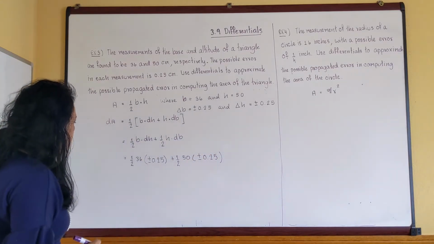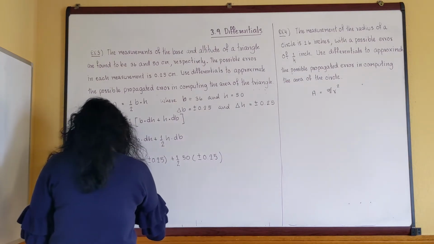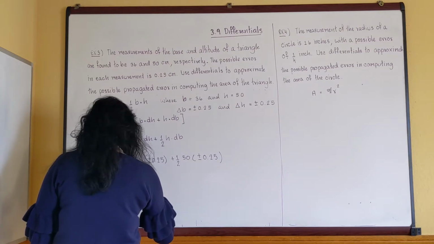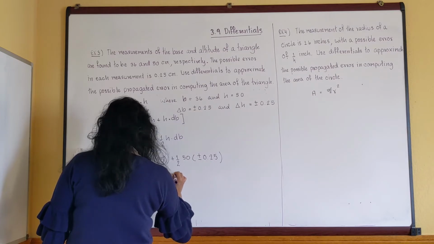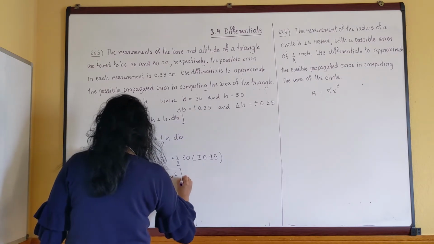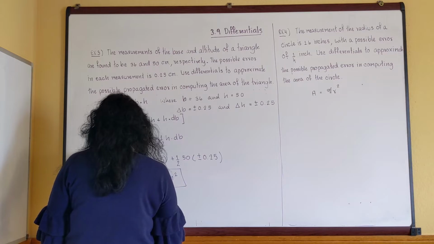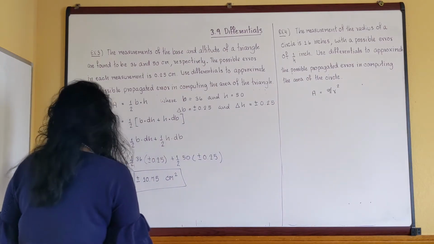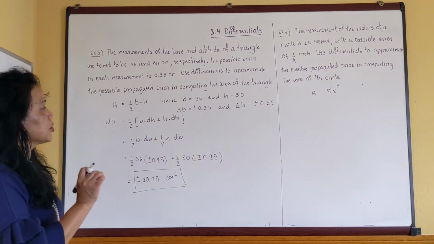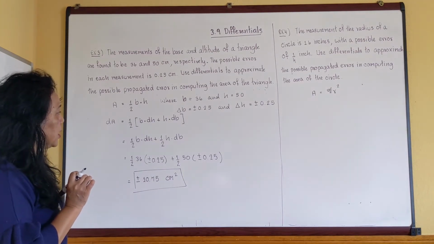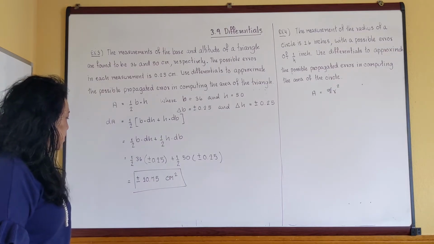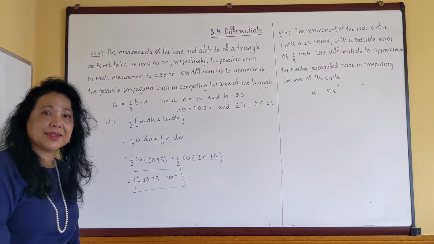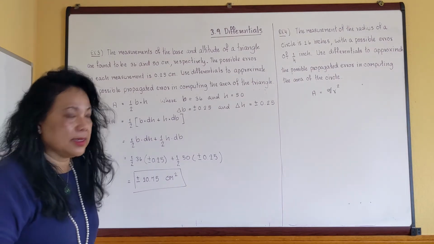Alright, after this I'm just going to use a calculator, and I have plus or minus 10.75 square centimeters, which means that if I measure the base and the height off just 0.25, the area could be off by 10.75 square centimeters, right? So let's look at the next example.